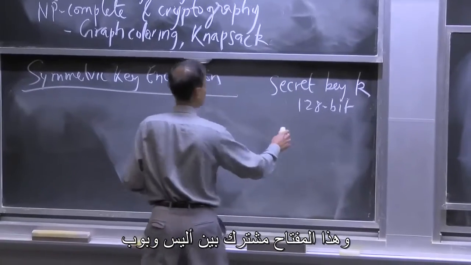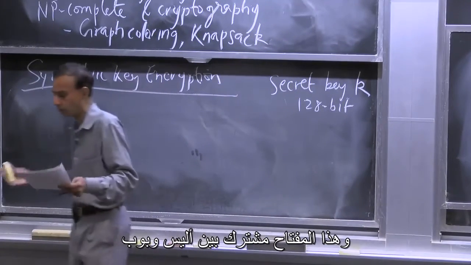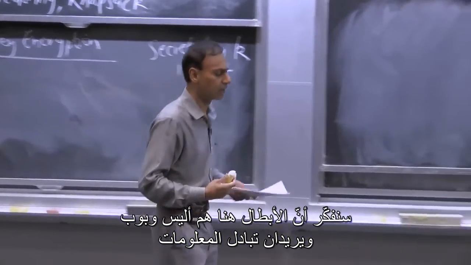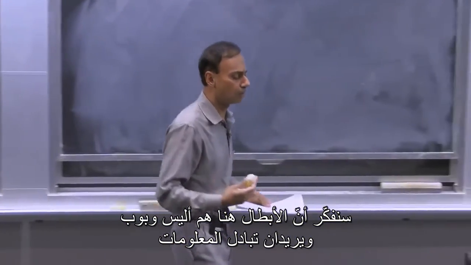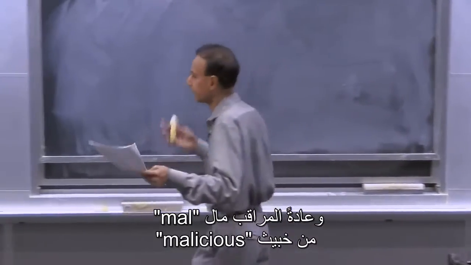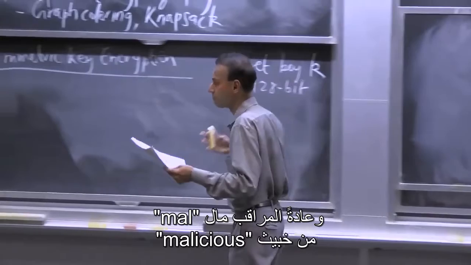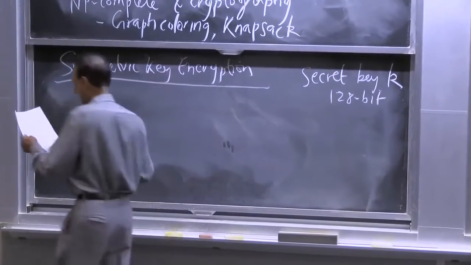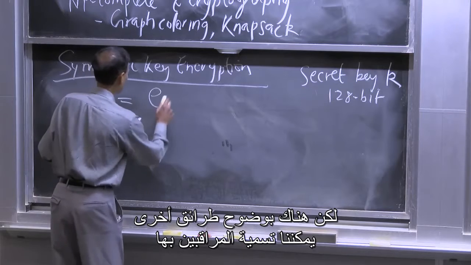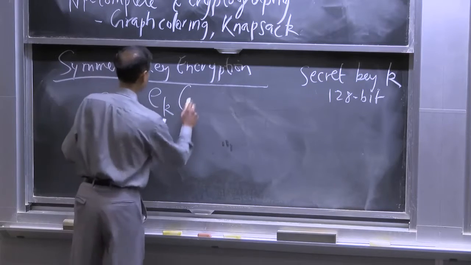And this is shared between Alice and Bob. So we'll think about the protagonists here as being Alice and Bob, and they want to exchange information. And typically the adversary is Mal, for malicious. But there's other ways you could obviously name adversaries.